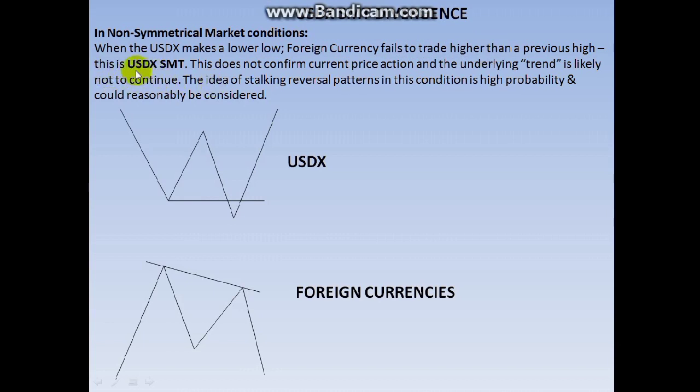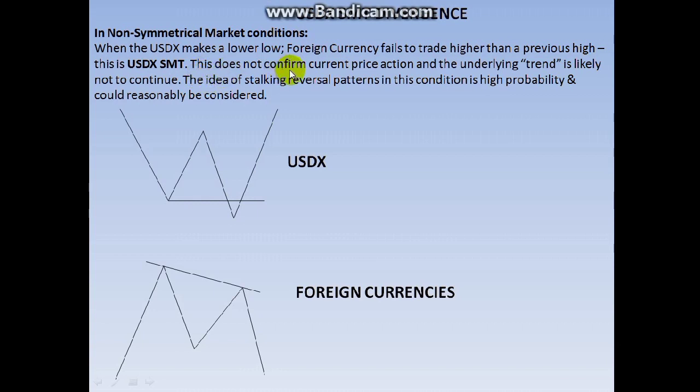This is the USDX, the dollar index SMT divergence, the SMT divergence that we have always been talking about. The dollar index makes a lower low, then foreign currencies fail to trade higher than a previous high. This is what all SMT divergence is about.